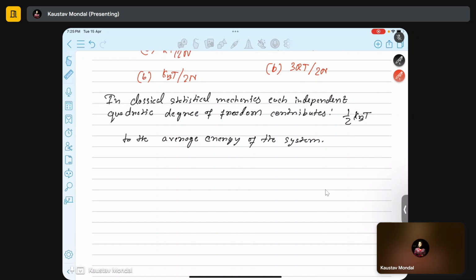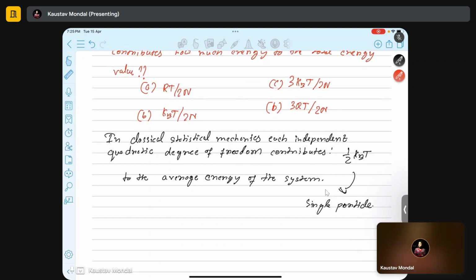But as I have told you, this option is not given in the problem. So what do I have to do? We have to rewrite this whole thing.